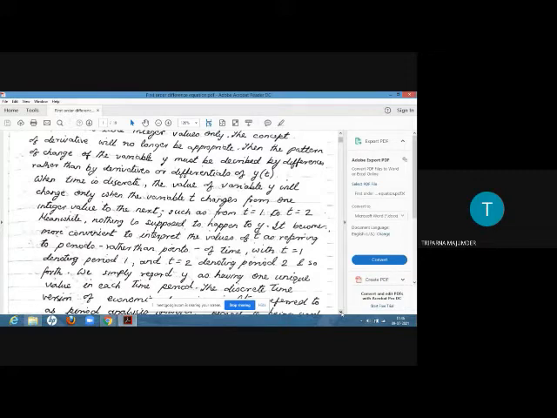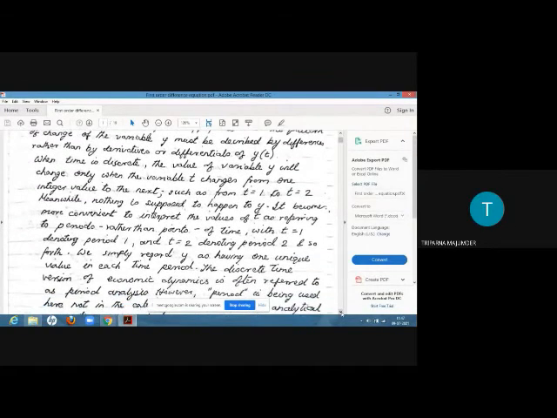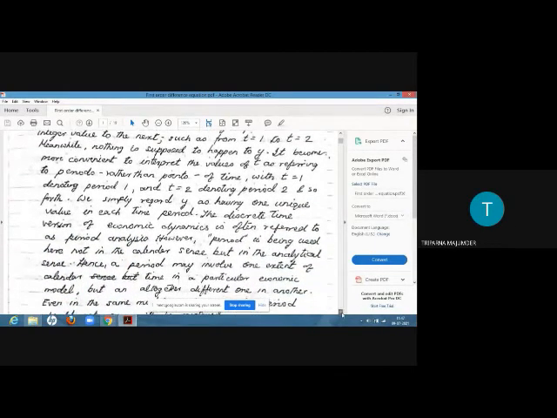It becomes more convenient to interpret the values of t as referring to periods rather than points of time. t equal to 1 denotes period 1, t equal to 2 denotes period 2, and so forth. We simply regard y as having one unique value in each time period.